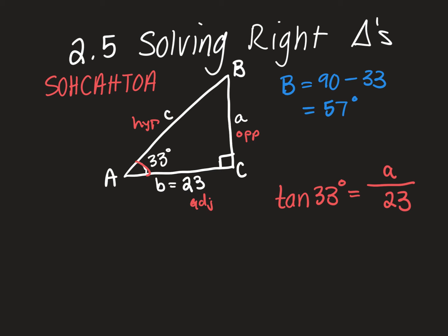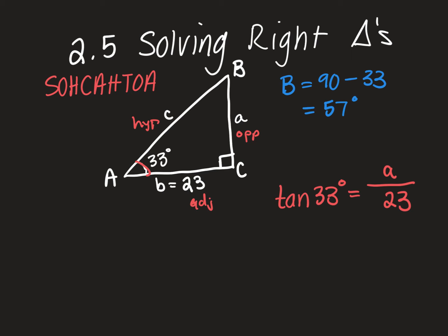33 came from this angle right here. It was given to us, and we have to come up with a trig function that includes the side we already have, which is side B. Since I picked A to start with, from this angle I want side A, and I need to use side B. That's opposite over adjacent, so that's tangent.